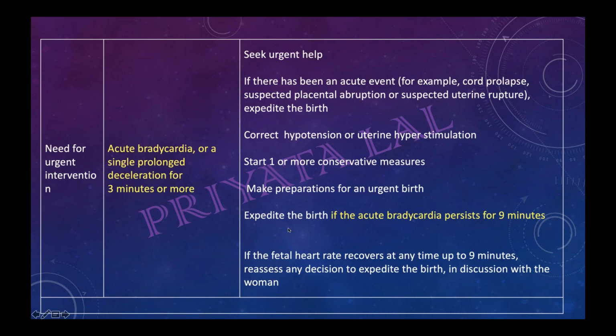You have to deliver this baby by 12 minutes, the 3 minute rule we just read. But if at 9 minutes the fetal heart recovers, you have to take a decision again, review the CTG, and decide whether expedition of birth is required or not. Whatever you do, you have to talk to the patient.